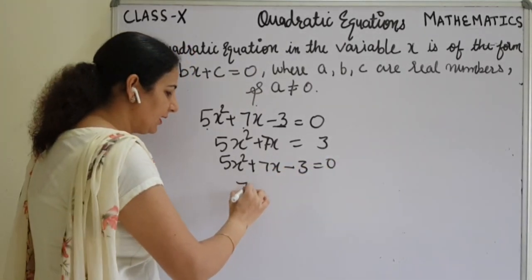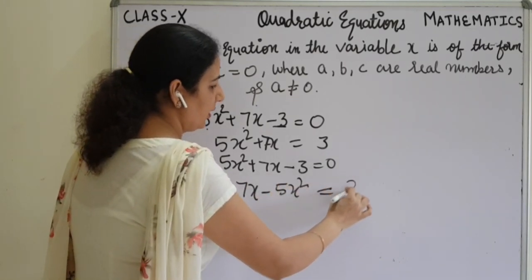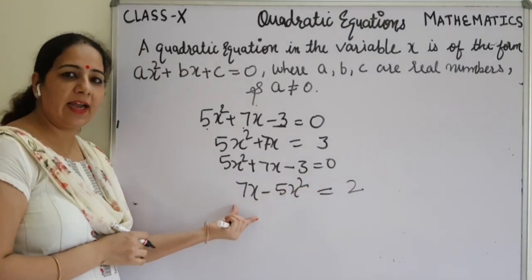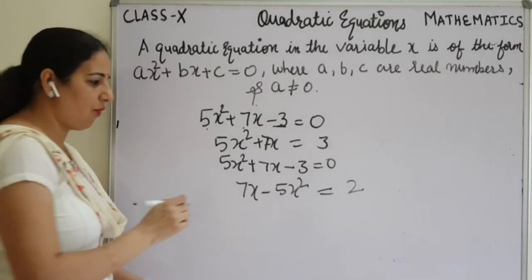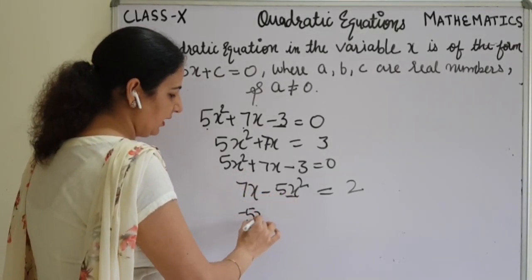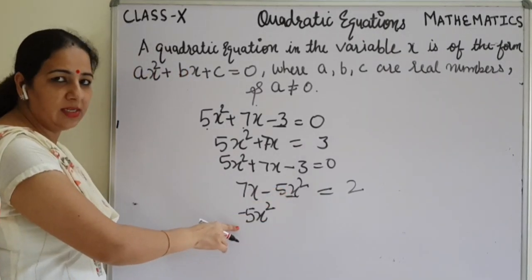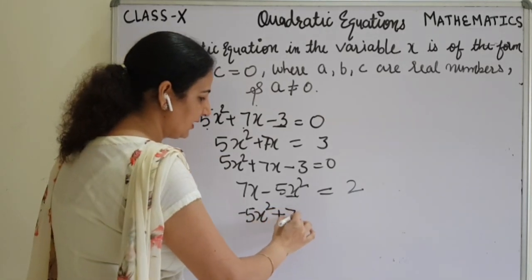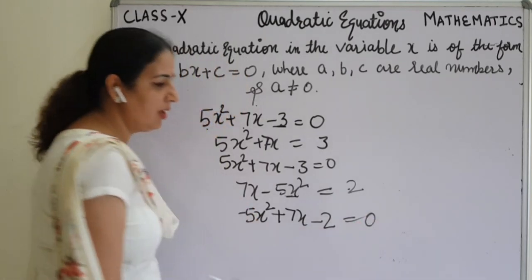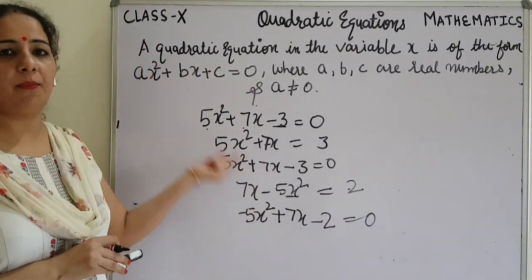If I write like this, 7x minus 5x square is equal to 2, then you have to write the equation again in a proper form, in the standard form. It means first the x square term will come, so shift this term to the first position, and the term will come with its sign. Then 7x, then shift this to this side, minus 2 is equal to 0. Now you can easily tell the values of a, b and c by comparing.